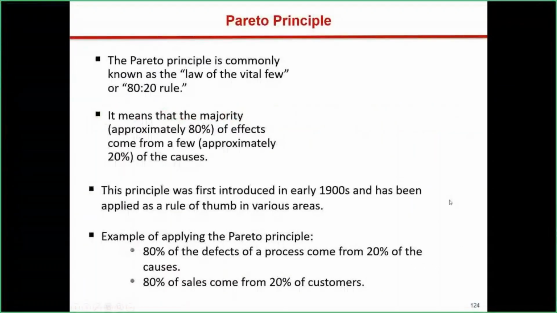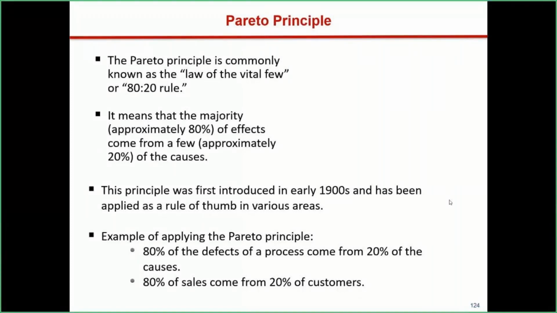Now, Pareto principle. The Pareto principle is commonly known as the law of vital few or 80-20 rule. It means that approximately 80% of the effect comes from a few, approximately 20% of the causes.